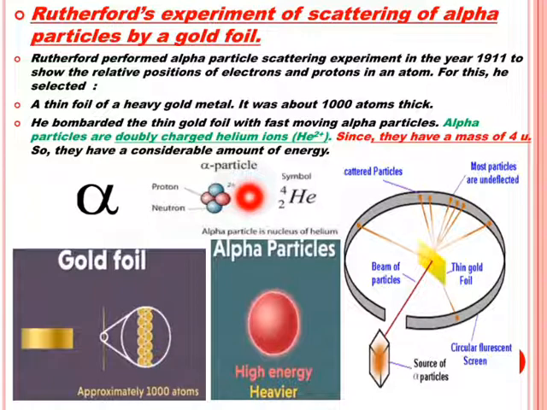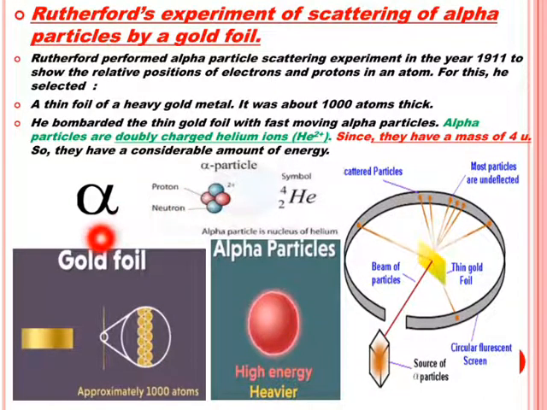Means a proton carries +1 unit charge. One helium atom contains 2 protons, hence it carries a charge of 2 units. Each alpha particle is denoted by this symbol. Each helium or alpha particle carries a mass of 4 units, that is 4 times the mass of a proton.